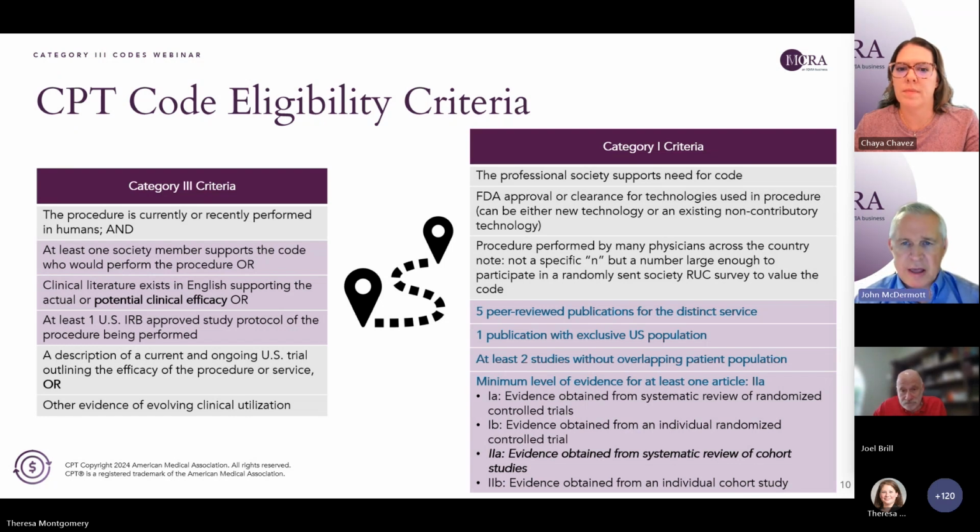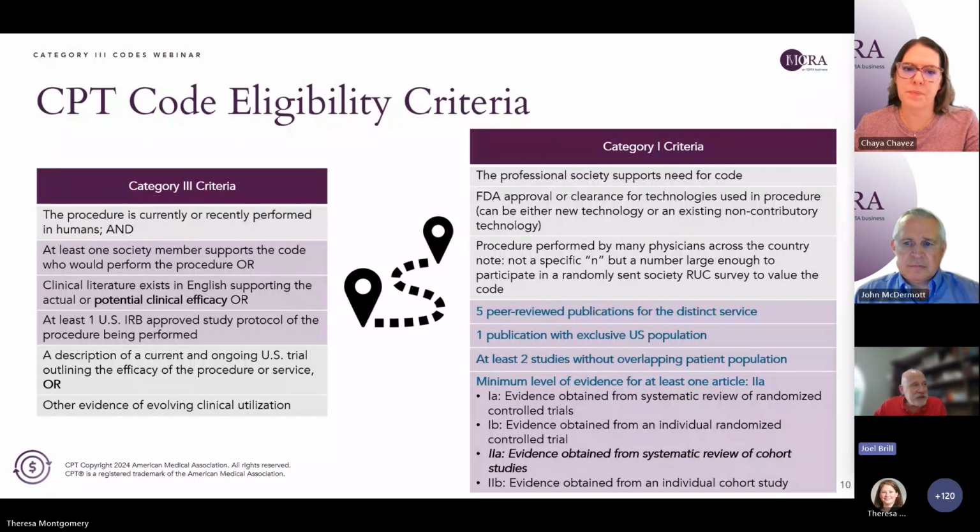Okay, great. And Joel, another question on the Category 1 process. How is specialty society outreach different than what we already talked about with Category 3? Again, same process. Keep them informed, do it early, make sure that they're your partners.